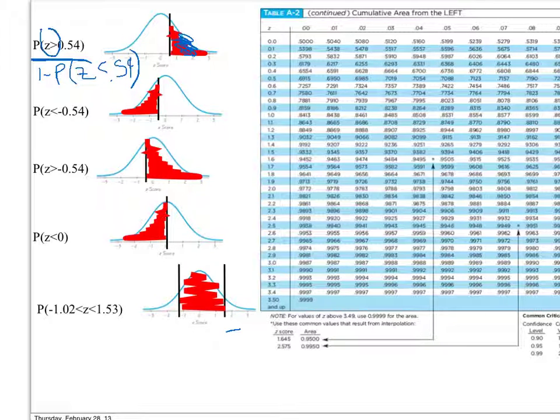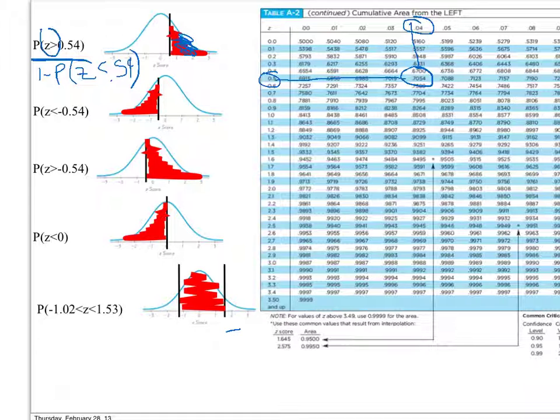The probability that z is less than 0.54, we calculated 0.57 before, so let's do 0.54. Here's 0.5, and here's 0.04, so the intersection of those two is going to be 0.7054. And so you have to subtract that from 1.